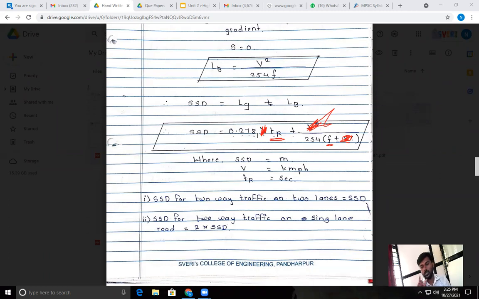In superelevation on curved portions, we take the lateral coefficient of friction. So here we will take the longitudinal coefficient of friction.